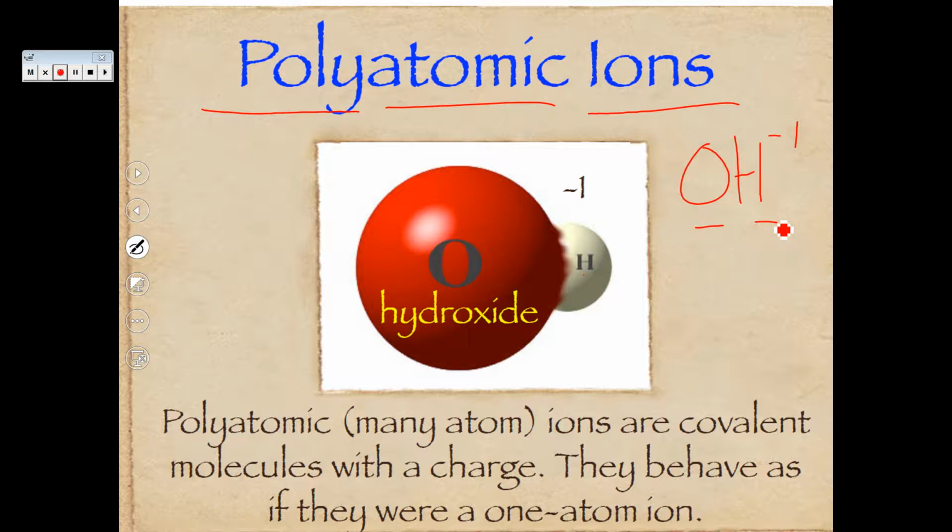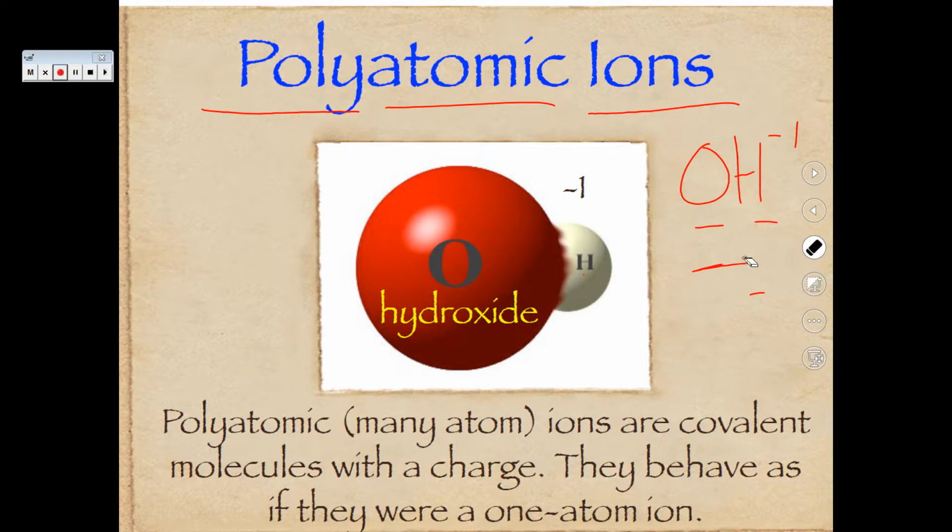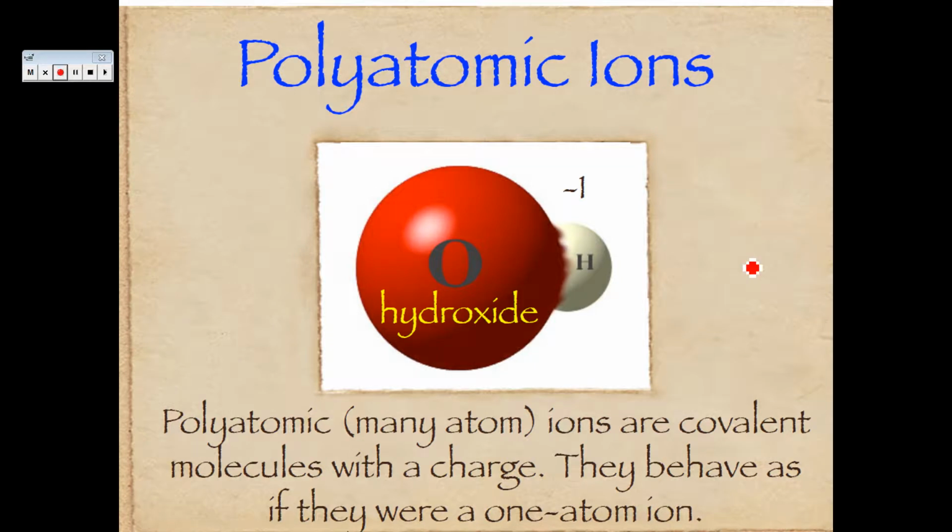Okay? So when we drop and swap, for example, the reason I mention this now is if you drop and swap, let's say we have Al plus 3 and hydroxide -1.